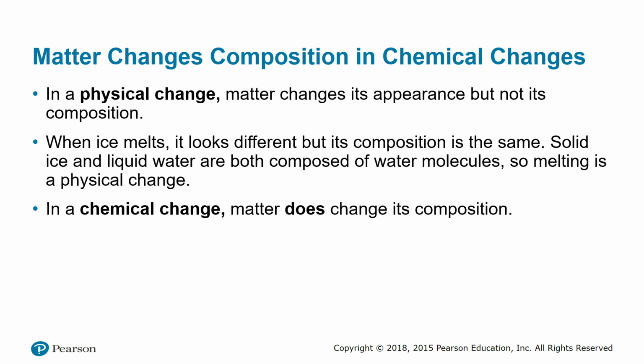A chemical property is flammability. A chemical change would be if it's burning. So chemical change is going to be things like cooking, rusting, burning, reacting, all of those things.